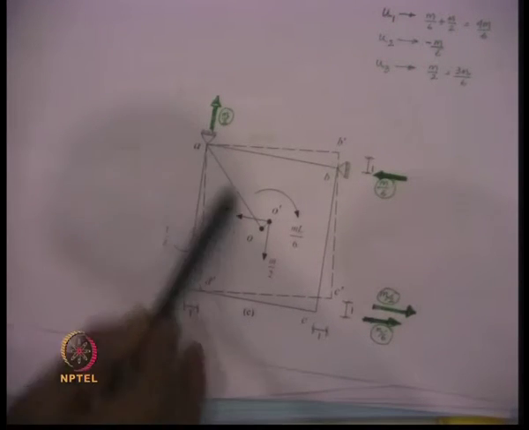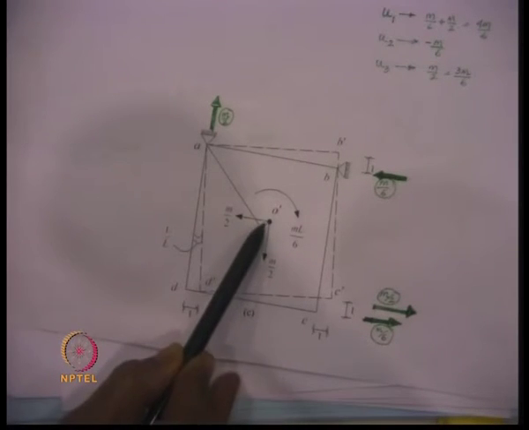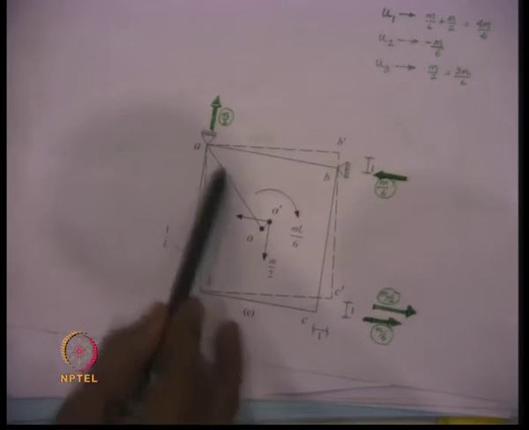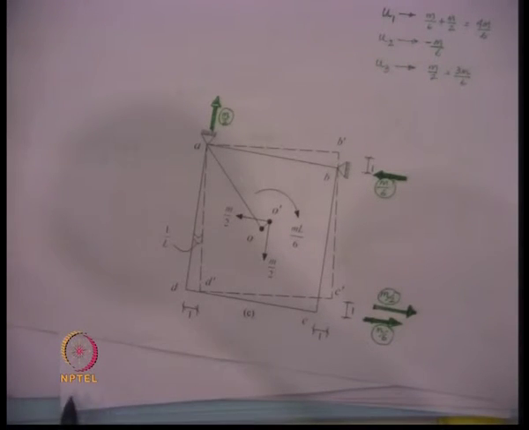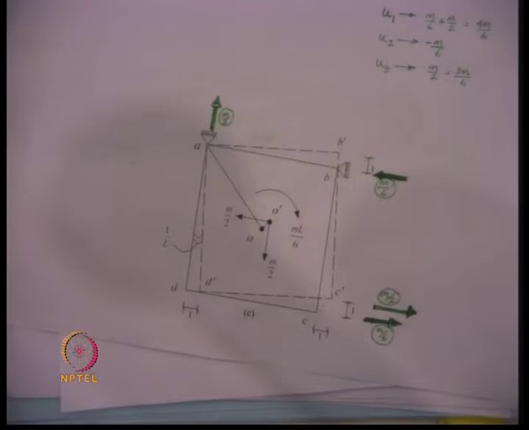This movement is again perpendicular to this line. If it moves, it has to move perpendicular to this line, so that there is no change in the length. So, the center moves to O dashed.